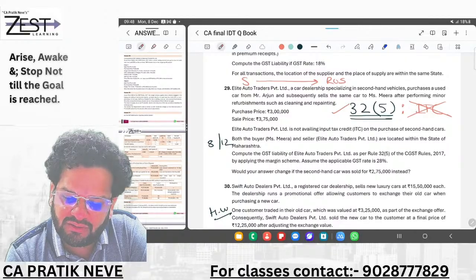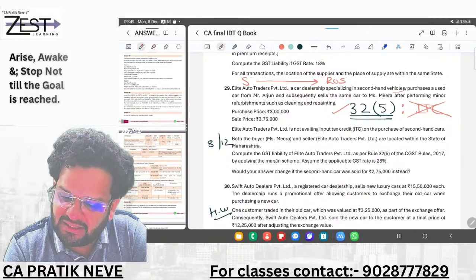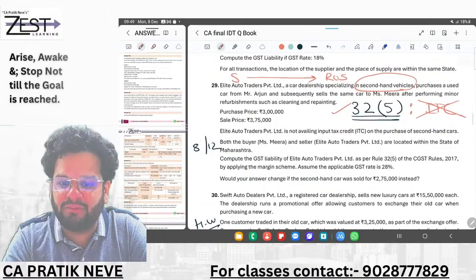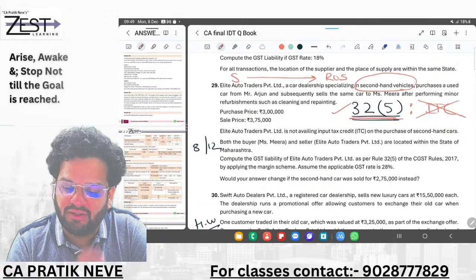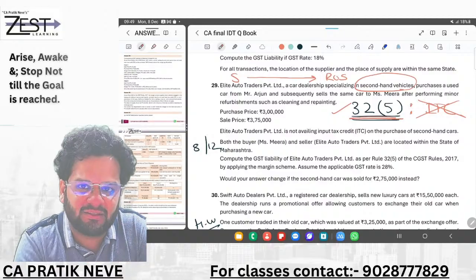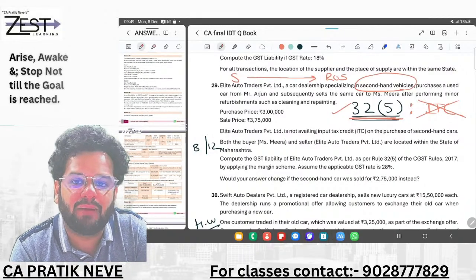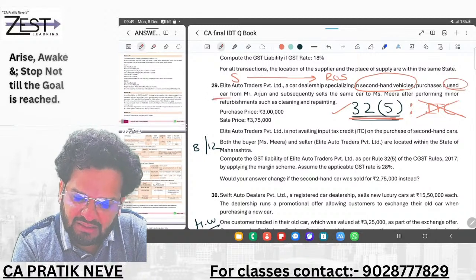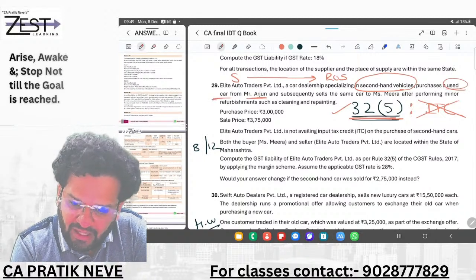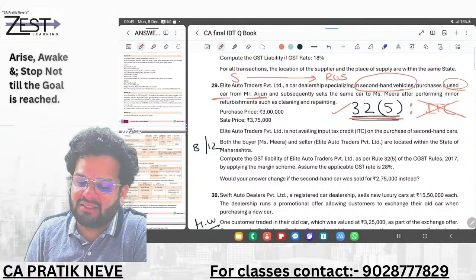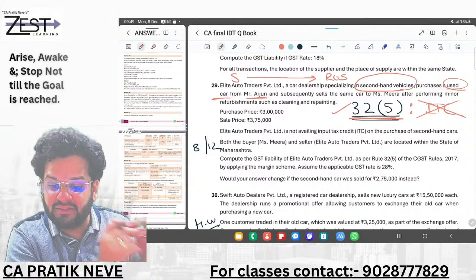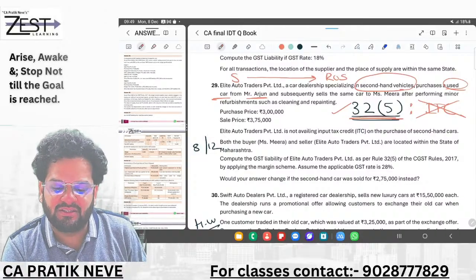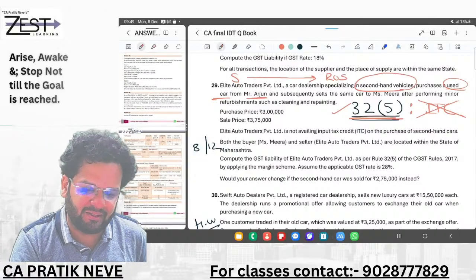Now let's see. Elite Auto Traders, a car dealership specializing in second-hand vehicles. So second-hand and ITC cannot be availed, then go to 32(5). In 32(5), assessable value is sale price minus purchase cost. It purchased a used car from Arjun and subsequently sold the same to Miss Mira after performing minor refurbishments such as cleaning and repainting.